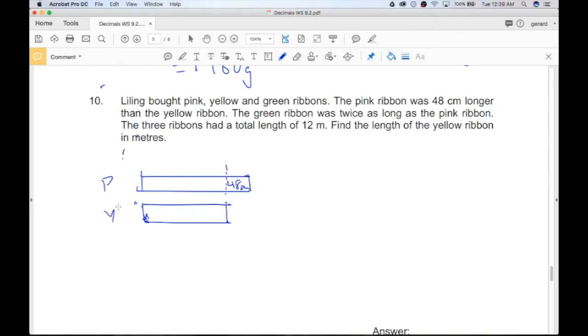That's the yellow ribbon. Last one, the green ribbon, is twice as long as the pink ribbon. So actually the green ribbon is super long. One pink, 48, another pink, 48.